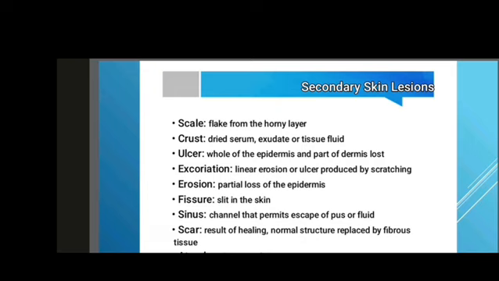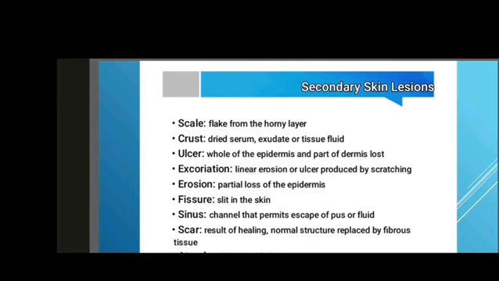The channel that permits the escape of the pus or fluid to the surface of the skin is said to be the sinus.